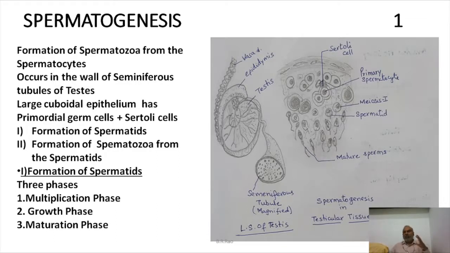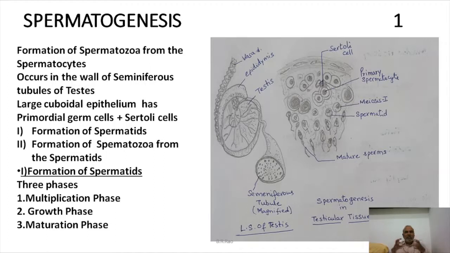So this is the first stage: formation of spermatids. The second stage is very important. In the second stage, what happens? A cell now differentiates into a spermatozoon. It will attain certain parts: a head part with acrosome, a neck part, a middle piece, and a very long flagellum tail.